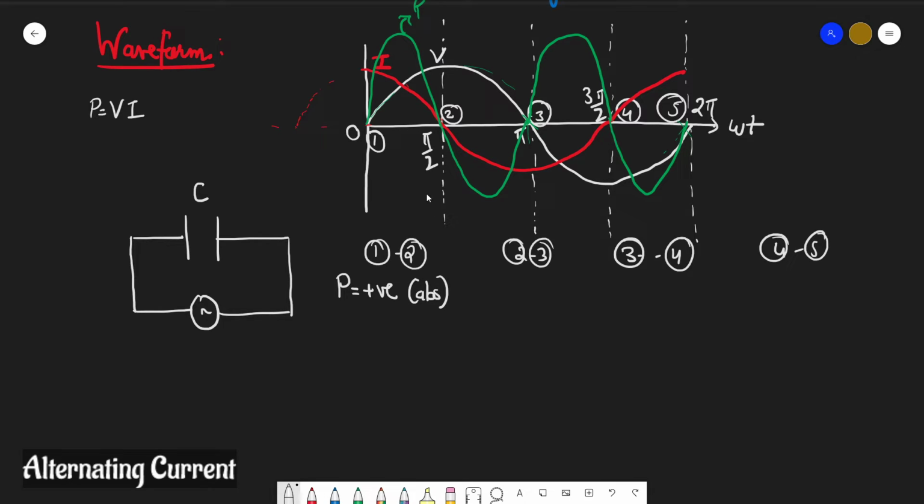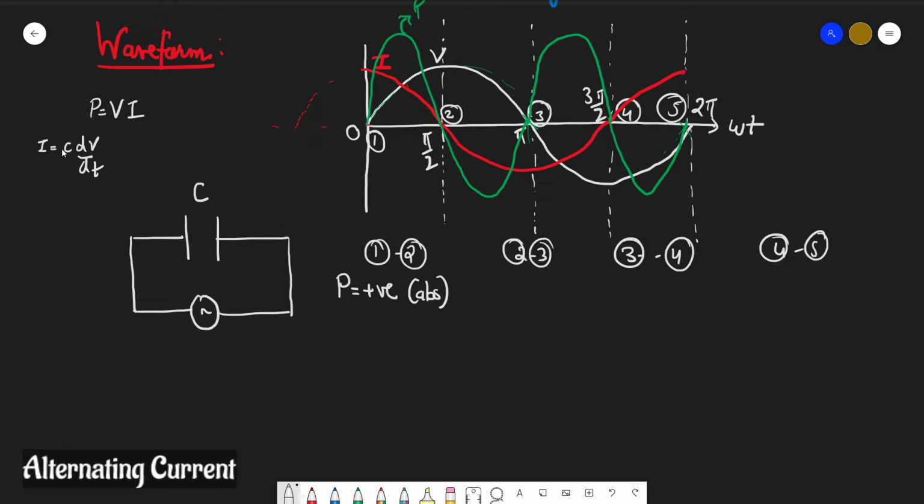Now let us see the waveform analysis. You know that the slope of voltage gives you the current expression. If voltage is taken as the analysis waveform, the expression for current is i equals C dV by dt.